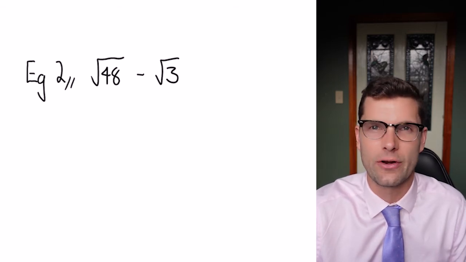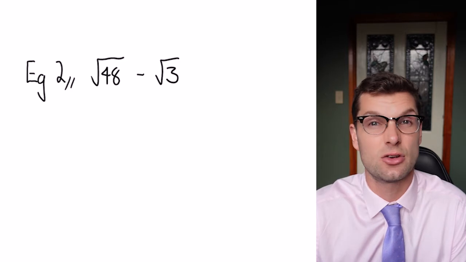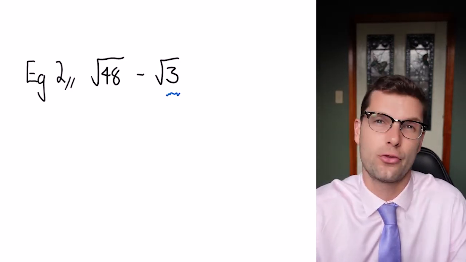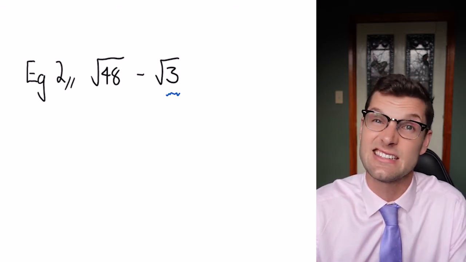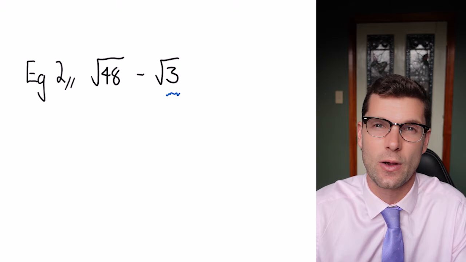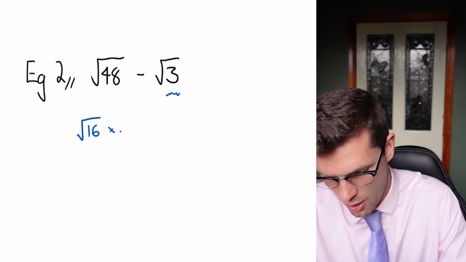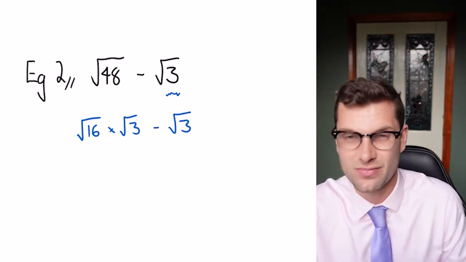So we're going to have a look at another example here. If I've got root 48 minus root 3. So root 48 is a tough breakdown. It could be 6 and 8 or something different. But because I know that this root 3 is there, that's the first thing I'm going to check. 48 divided by 3 is 16, which is one of my square numbers. So straight away, I'm going to write this down as root 16 multiplied by root 3 minus root 3.